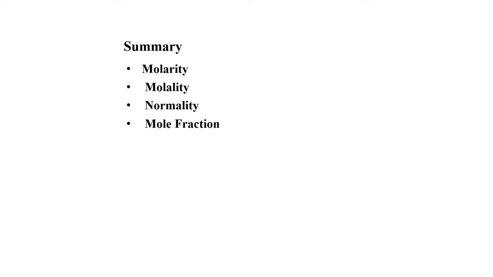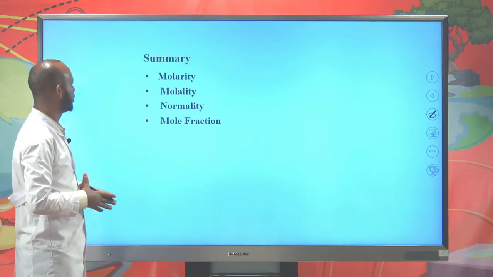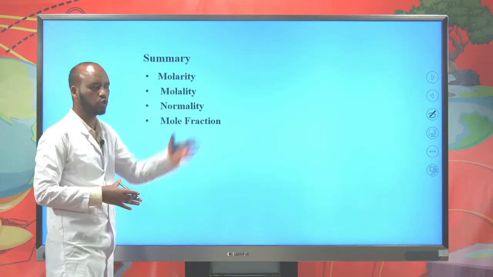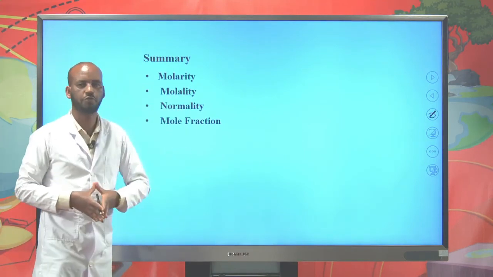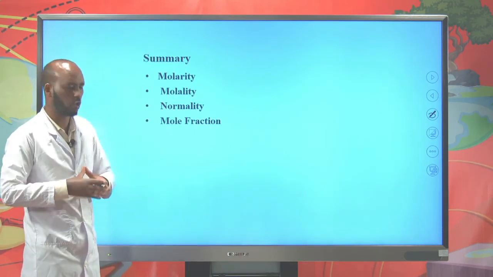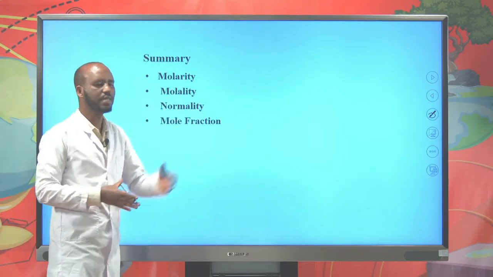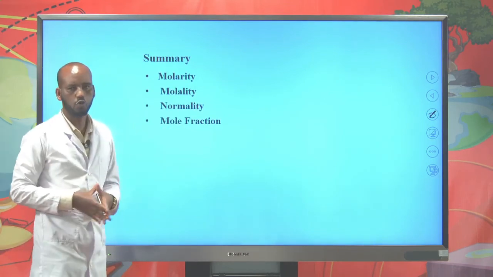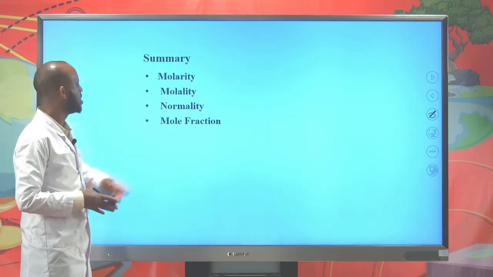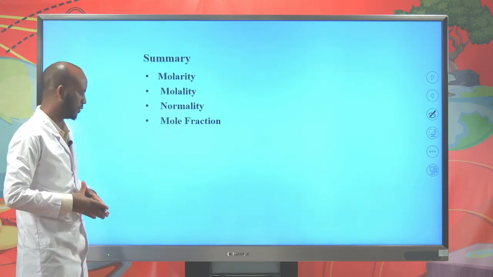Students, in our lesson today, we learned about the concentration of a solution. Molarity is defined as number of moles of solute per liter of solution. Molarity is one way of expressing concentration of a solution. Molality of the solution is defined as number of moles of solute per kilogram of solvent.